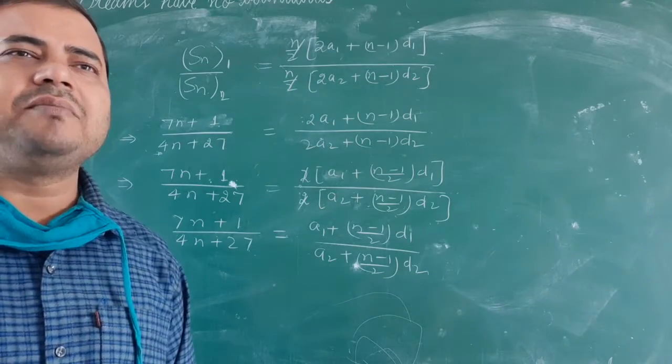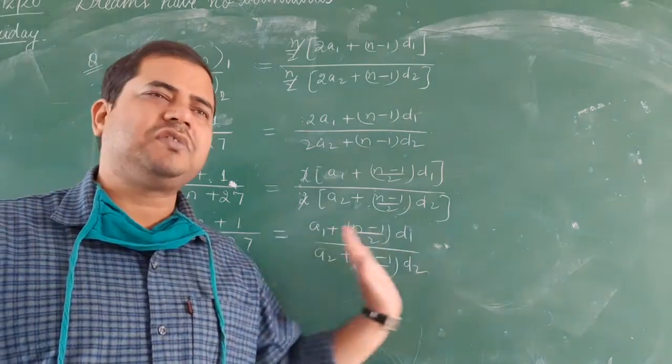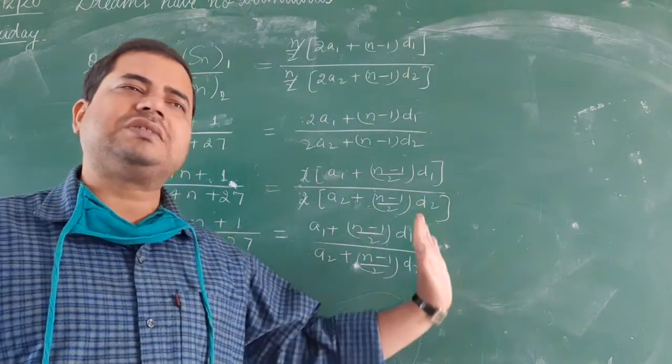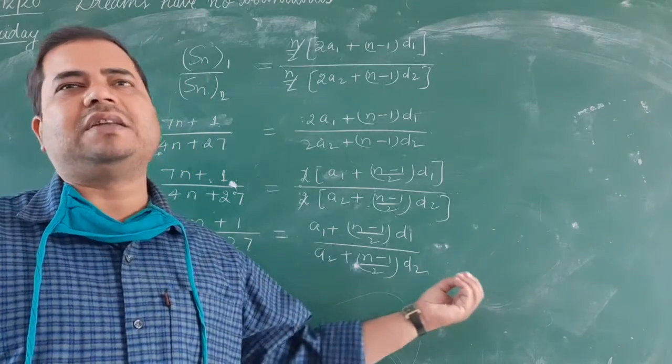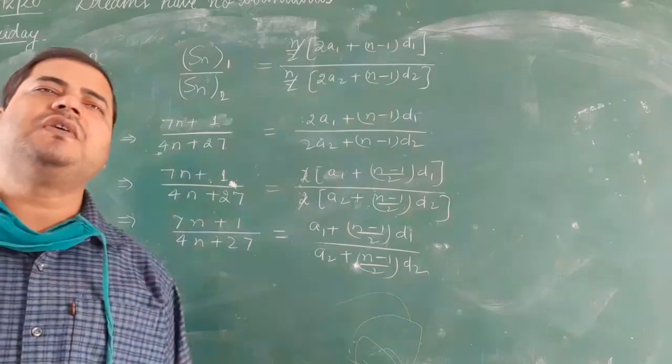Then this is nothing but the ratio of the ninth term. And if (n minus 1) by 2 is 8, then you simply find the value of n and put it here, and you will get the ratio of the ninth term.